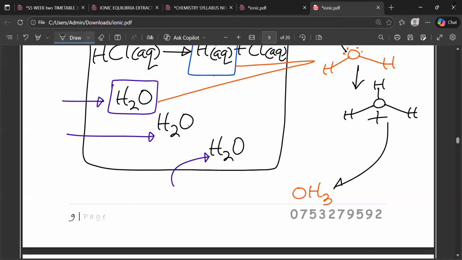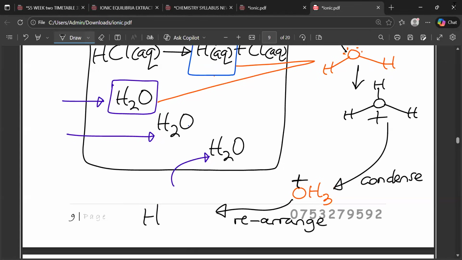When we condense, we come up with such a structure. After condensing, we may decide to rearrange, putting it in the format like that of water. And when we rearrange, we shall come up with something like this.